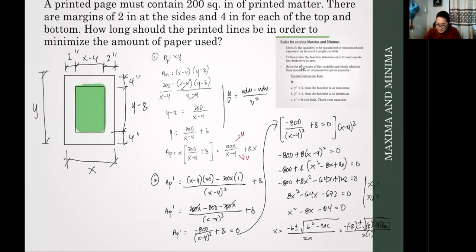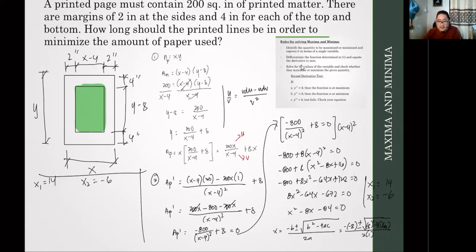Negative negative 8 plus muna square root of 8 squared minus 4 times negative 84, all over 2 times 1. So, that is x1 is equals to 14. And then, kapag minus siya, negative 6. Okay? So, may nakuha tayong x1 is equals to 14 and x2 is equals to negative 6.